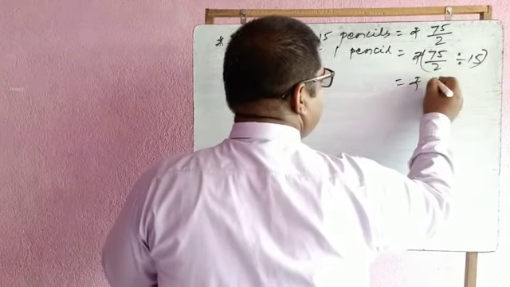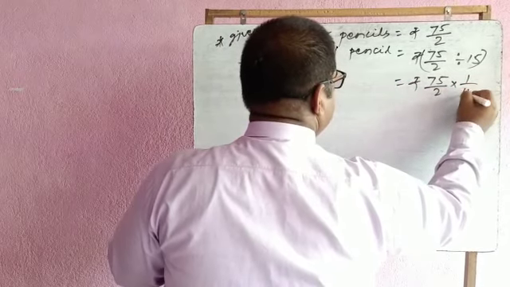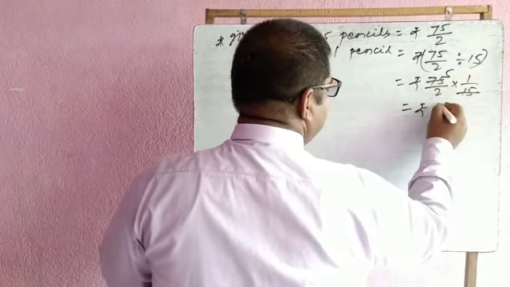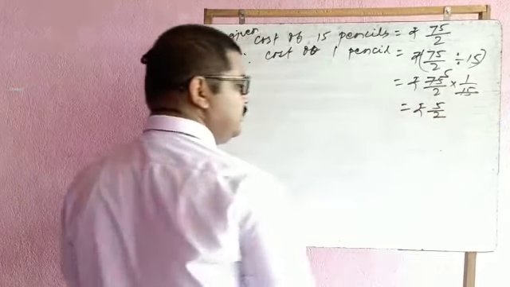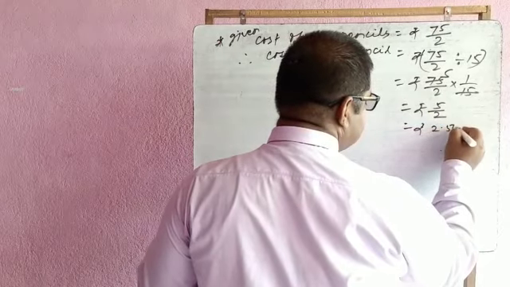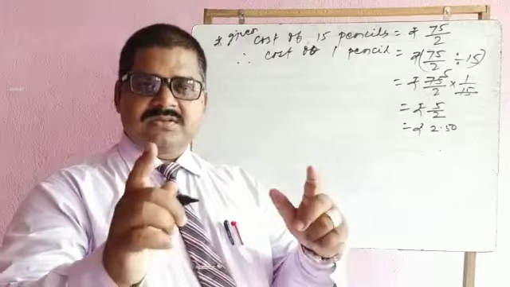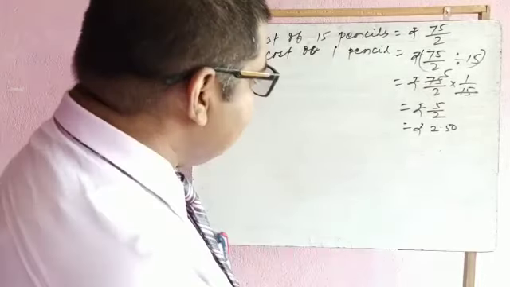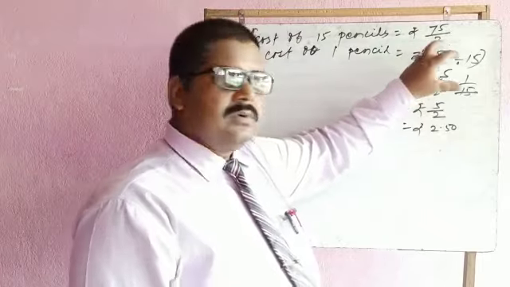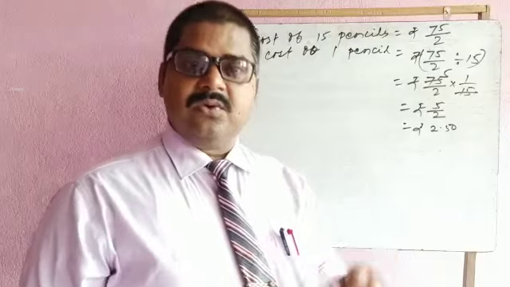You can see that 15 fives are 75, so finally 5 upon 2, and what does it mean? It means 2 rupees and 50 paisa. That is the cost of one pencil. For one pencil, you have to divide the total cost.